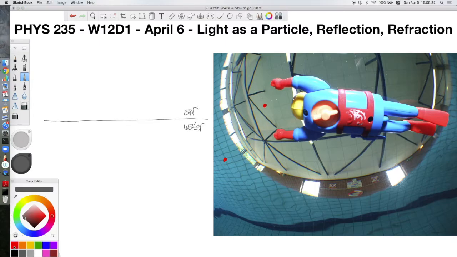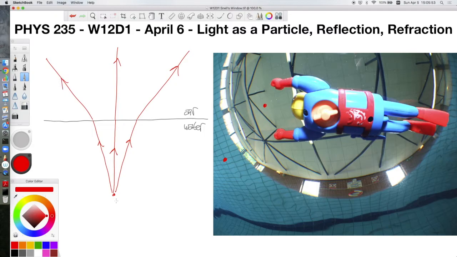So if you are underwater here, if you have a ray that goes directly up from you, it will travel directly up into the air. And then if you have a ray that travels at a slight angle up from you, it will bend further away from the normal.